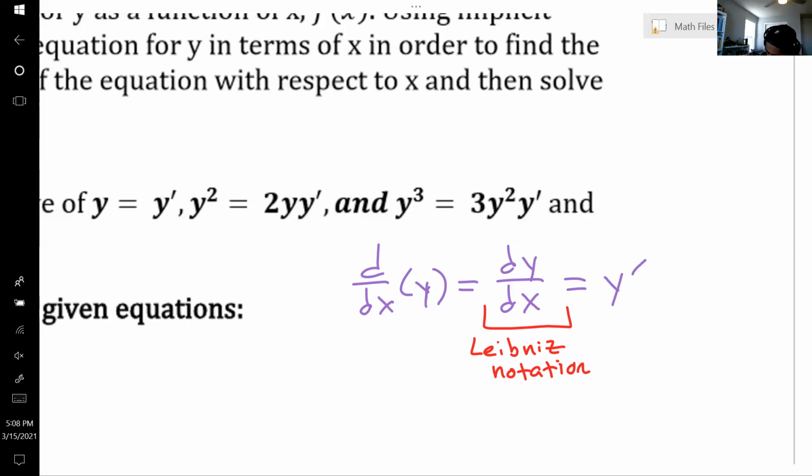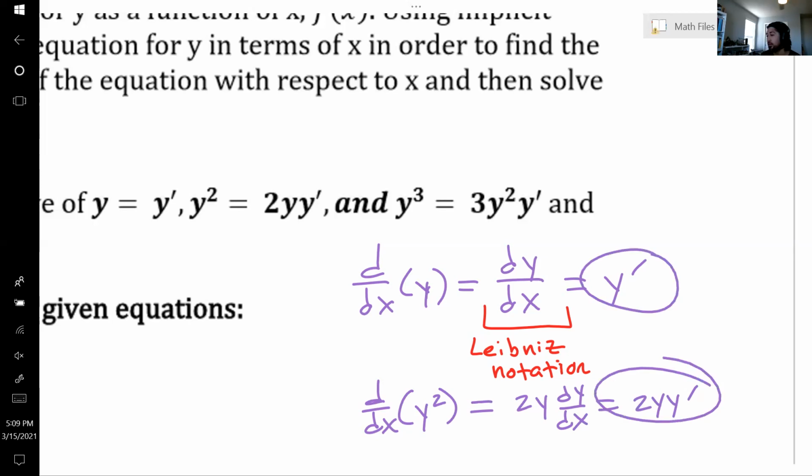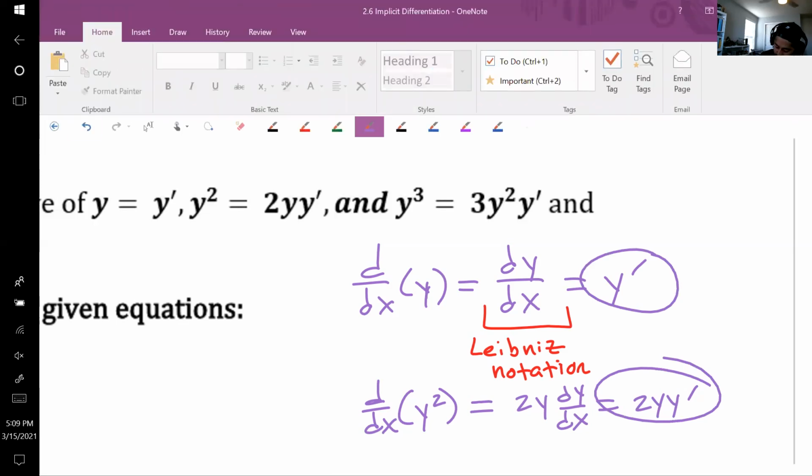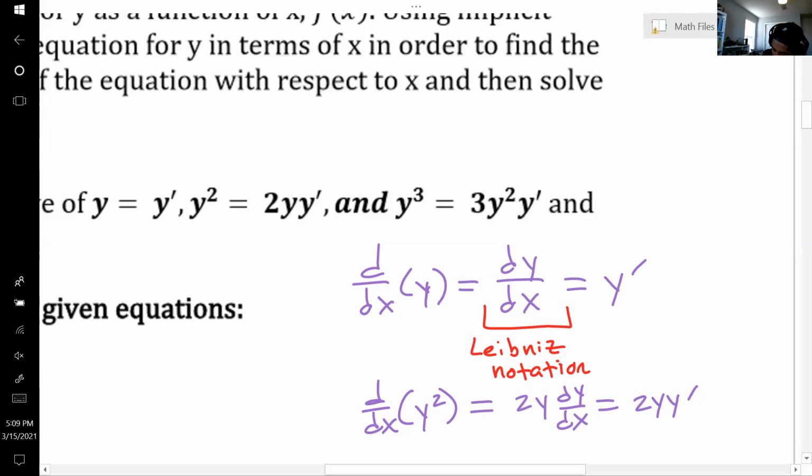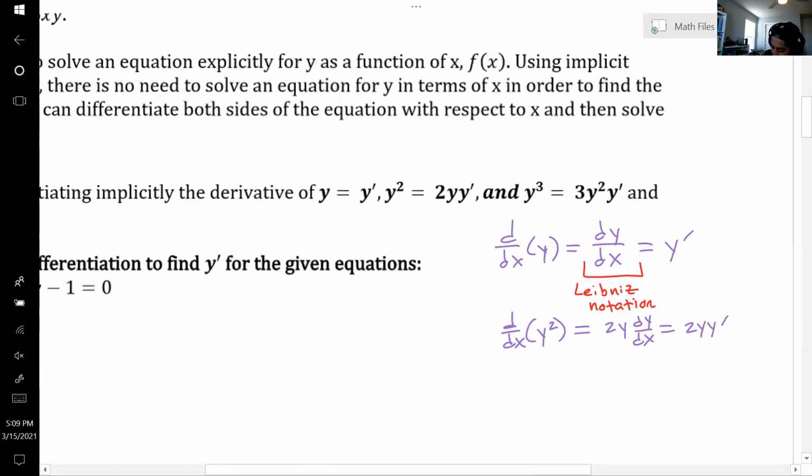If I were to write d over dx of y squared, you would have 2y dy over dx, or 2y y prime. So just showing you the differences of notation, but know they mean the same thing, and we will be using the prime notation today. All right, let's go ahead and get started.